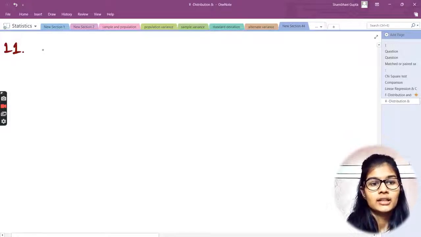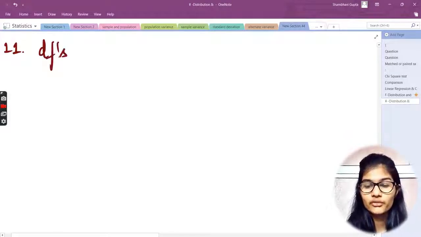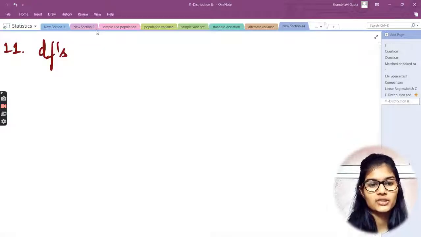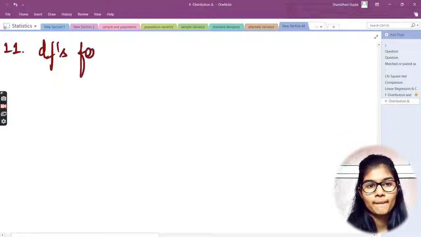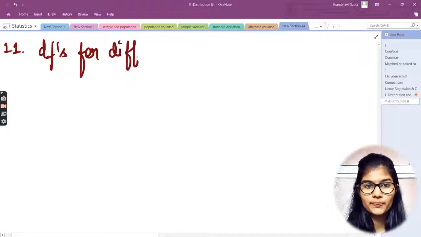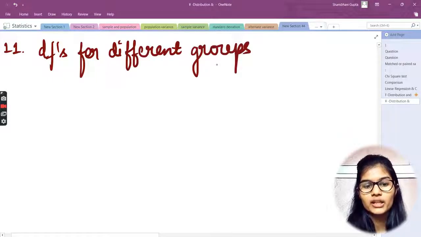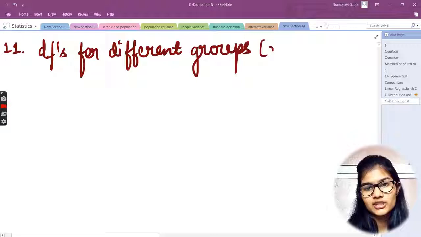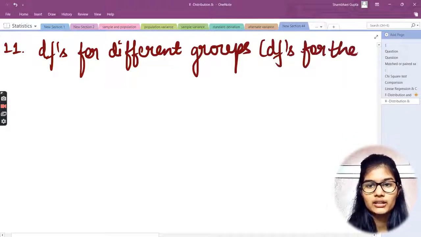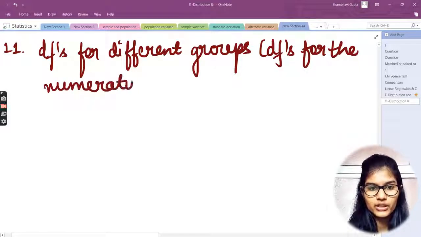Now I'll be talking about the degrees of freedom right here in the beginning, that's the DFs. The DFs for the different groups. I would just discuss the DF for the numerator. So for the numerator, what is the DF?